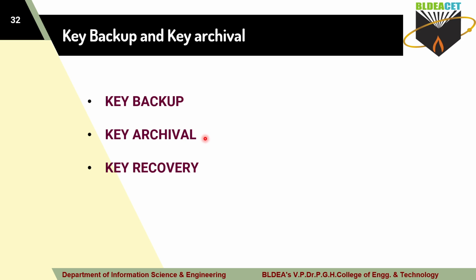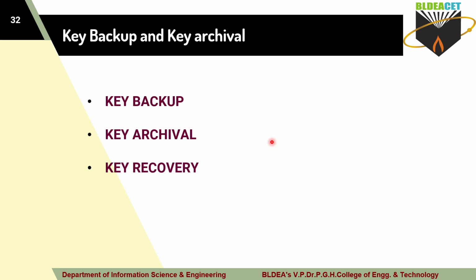For example, if I take a license, once it is expired you also have some time period to give an extension. That time period is what we call key archival here. If the life of the key is 20 days or 260 days, next you can give a temporary time period to archive the key before destroying it. That extension is up to 20 days, 30 days, 1 month, like that.